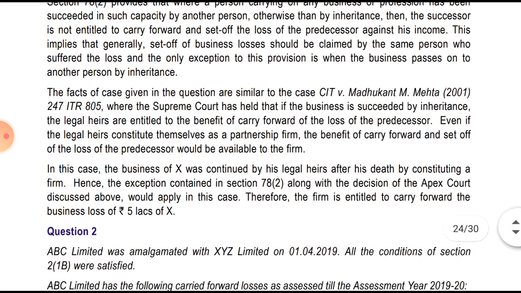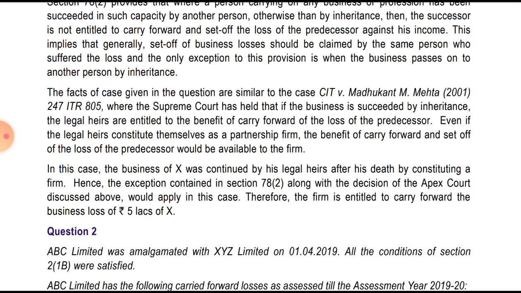The facts of the case given in the question are similar to the case in CIT versus Madhukant, where the Supreme Court has held that if the business is succeeded by inheritance, the legal heirs are entitled to the benefit of the carry forward of the losses of the predecessor, even if the legal heirs constituted themselves as a partnership firm.